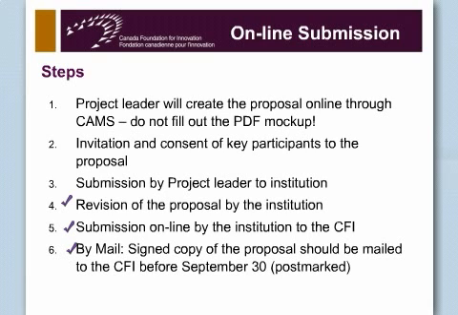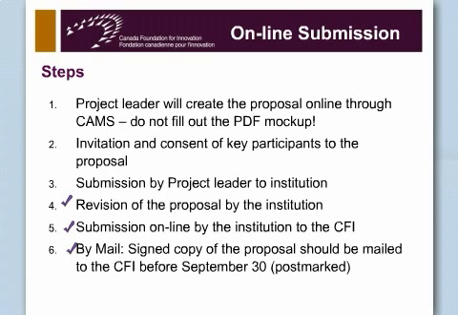Okay, a few other questions. Where do you attach the letters of support? And what about a cover letter from the president of the institution? Well, you don't need a cover letter from the institution.